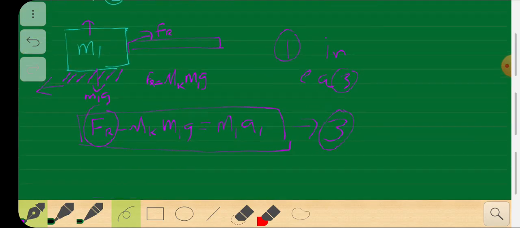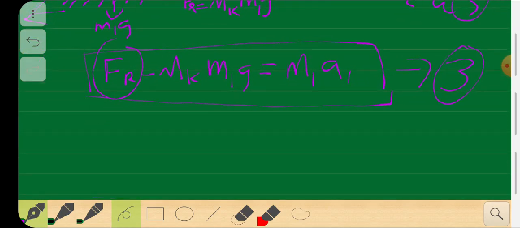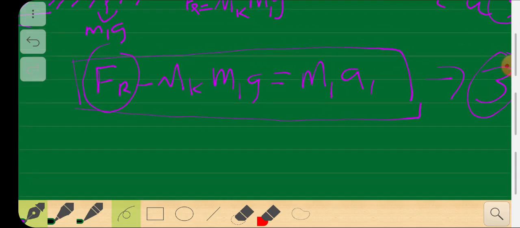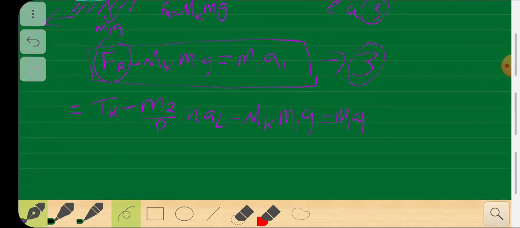When you substitute the Fr in here, what you get is that Tx plus or minus m2 dx by dl a, which is Fr, minus mu k m1 g must be equal to m1 a1, right? So a1, okay, so that will be that. Now I have substituted that.